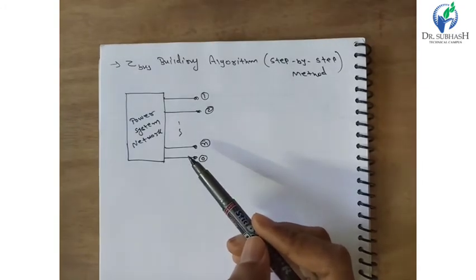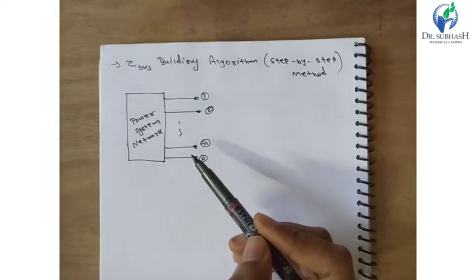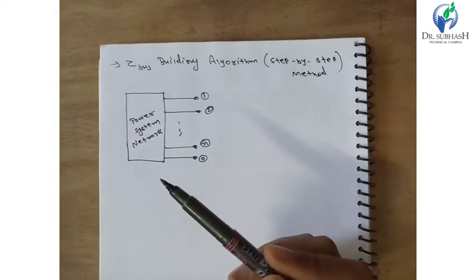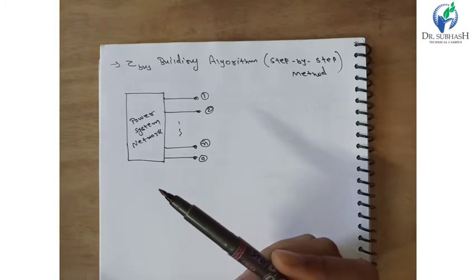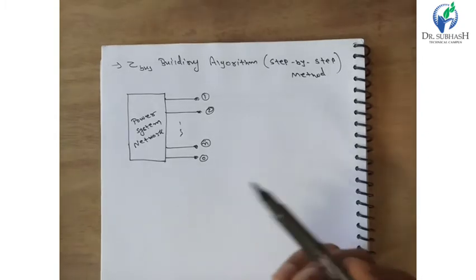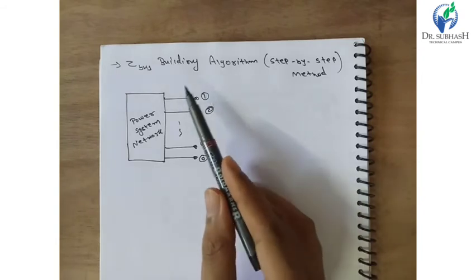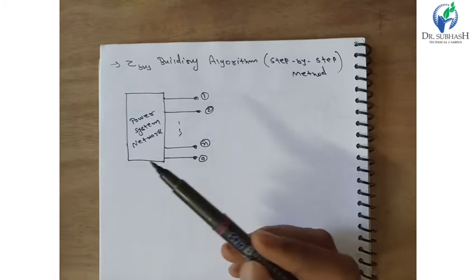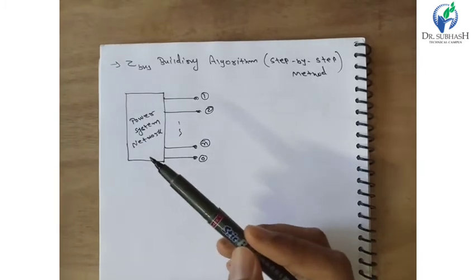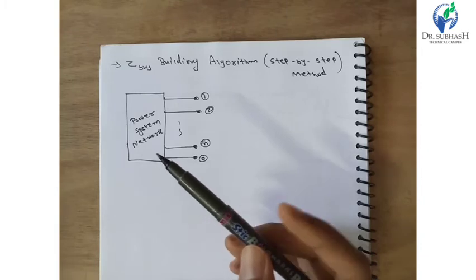It has the advantage that any modification of the network does not require the complete rebuilding of the Z bus. So this is the advantageous form.